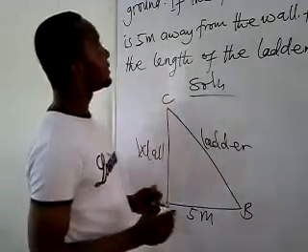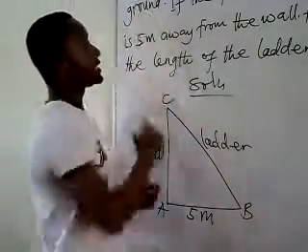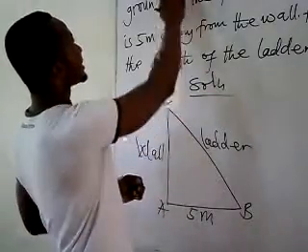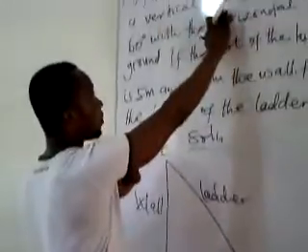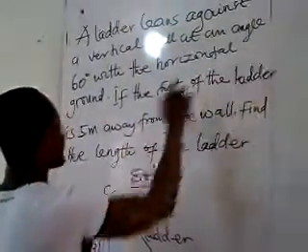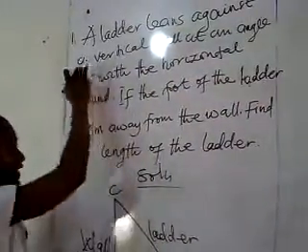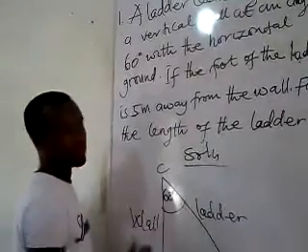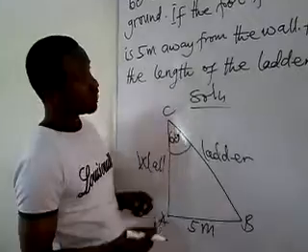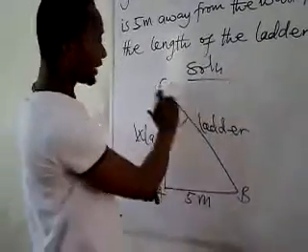And the angle given was 60 degrees. It says that a ladder leans against a vertical wall at an angle of 60 degrees, meaning the ladder forms an angle of 60 degrees with the ground as well. We have to find the length of the ladder.